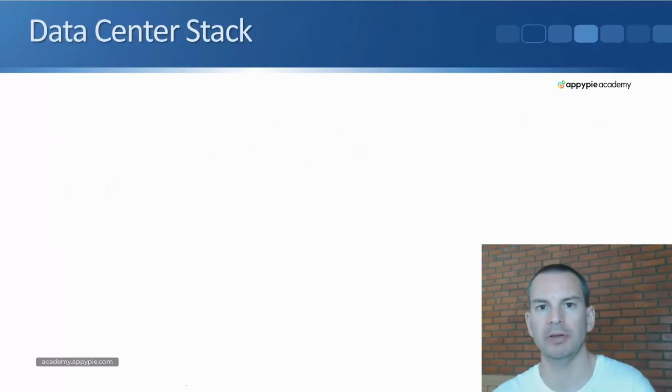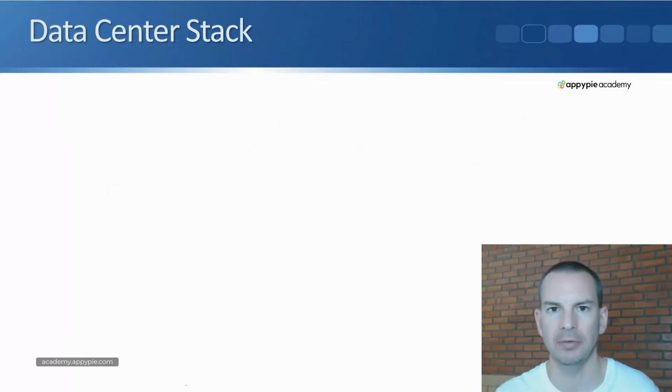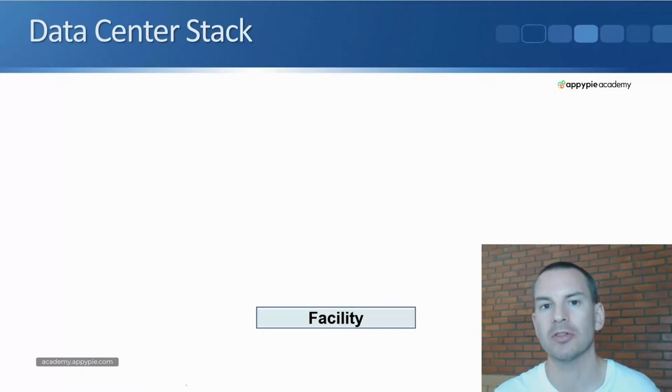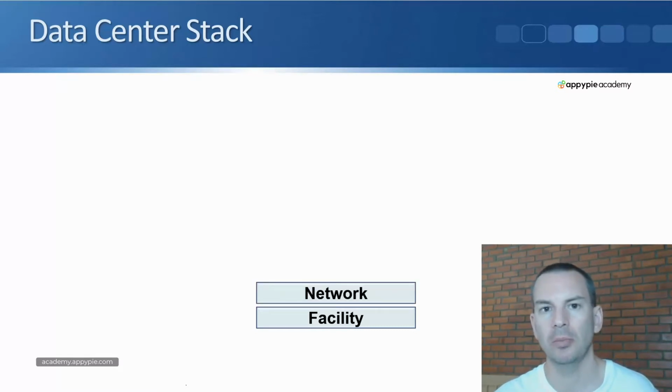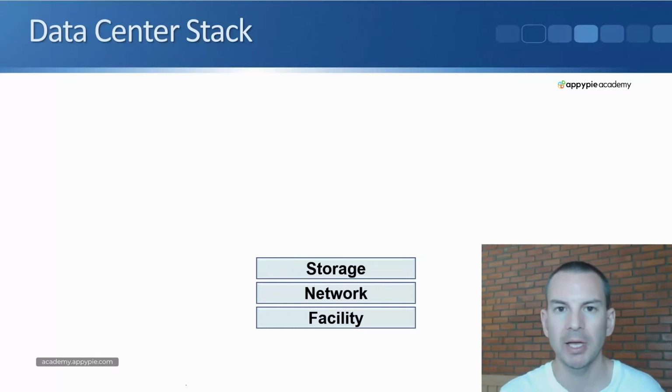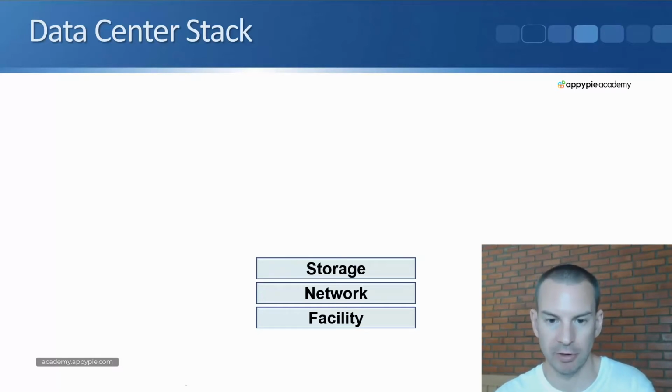So to explain this, we need to start off by looking at the data center stack. At the bottom of the stack, we've got the facility, the actual physical location and the power and the cooling. The next level up, we've got the network infrastructure. So our routers, our switches, our firewalls, etc. The next level up is our storage system.